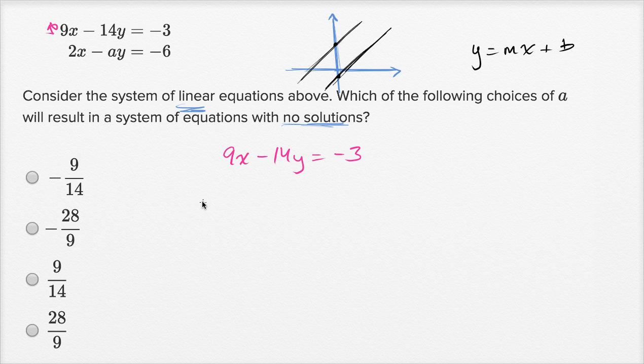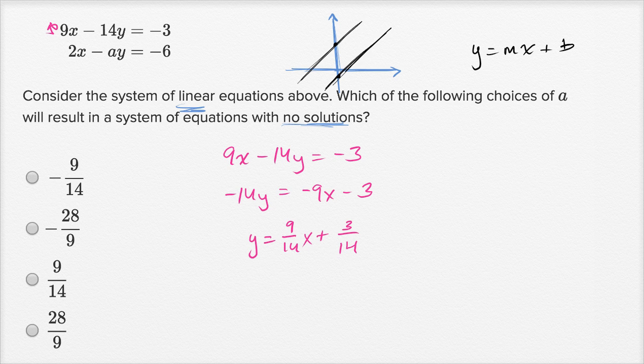If I subtract 9x from both sides, I get negative 14y is equal to negative 9x minus 3. If I divide both sides by negative 14, I get y is equal to negative 9 divided by negative 14, which is positive 9 over 14x, and then plus 3 over 14. So that's this line written in slope-intercept form.